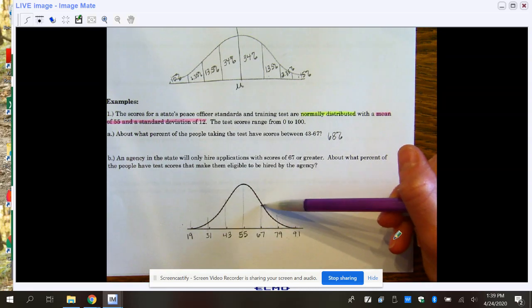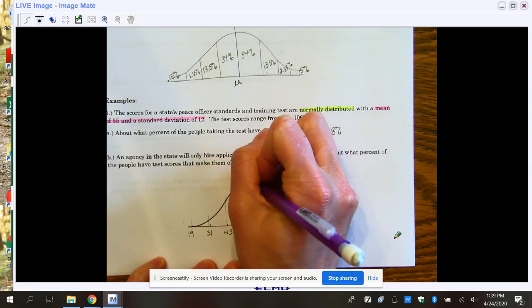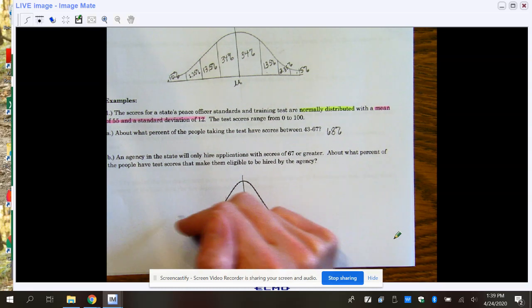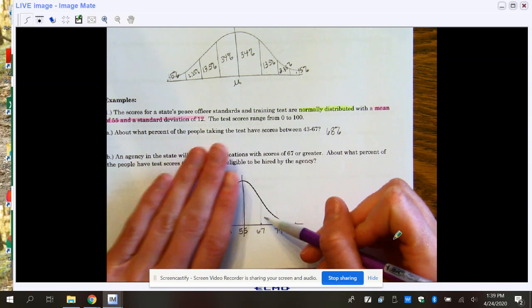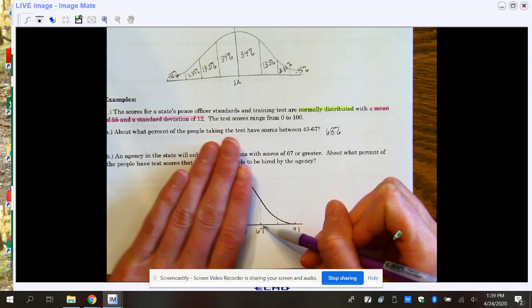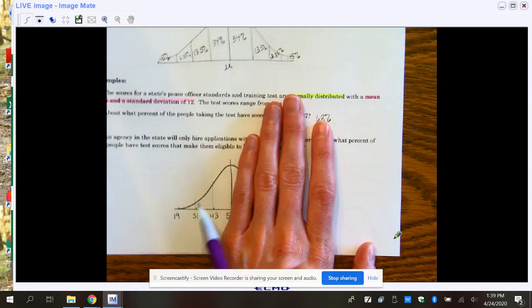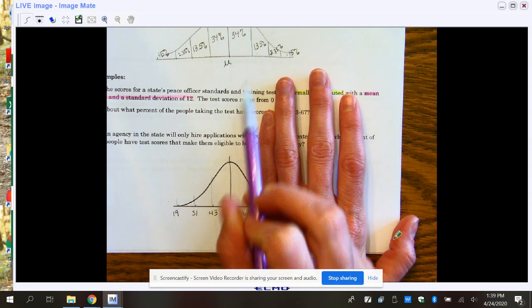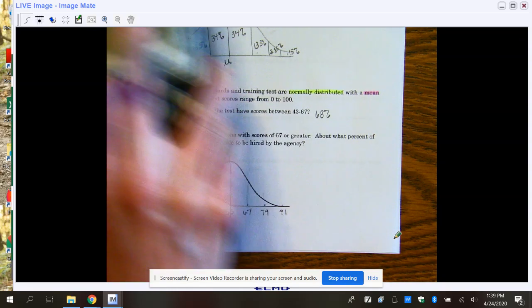But usually, what I like to do is break it into bigger chunks. So I always use the mean to separate it into 50% and 50%. So if we are only looking at this and above, I know that this right here represents 50% of your data. And then I know that this section represents 34%.